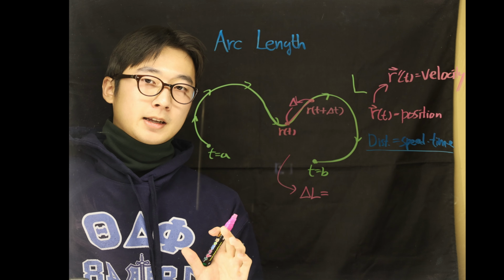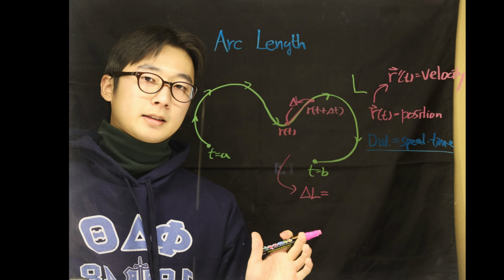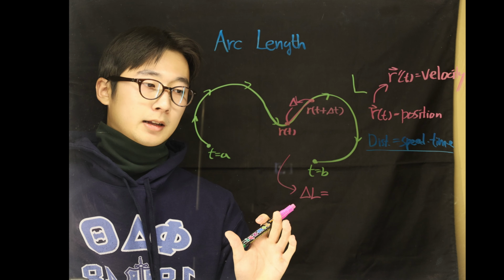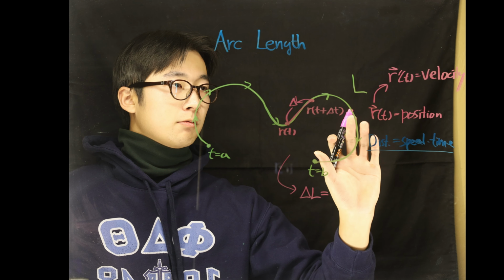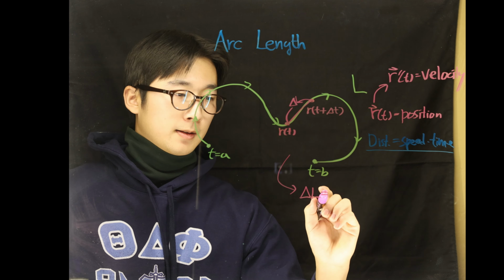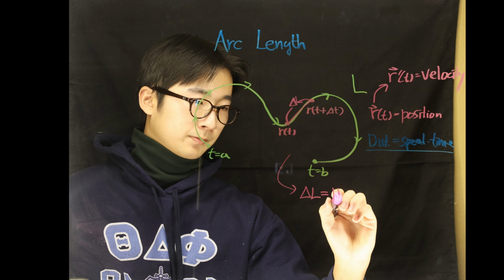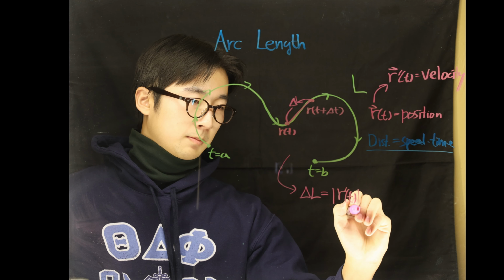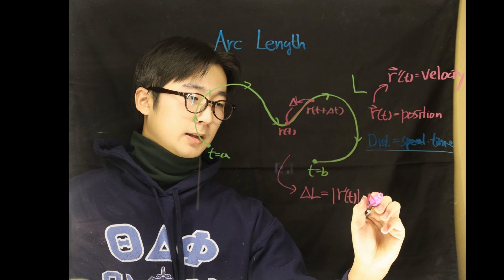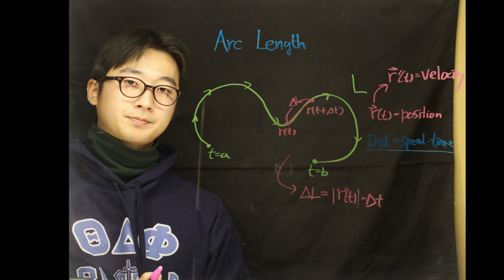All right, we are almost there. Since velocity has 2 things, speed and direction, we are only interested in the speed. So we need to find the magnitude of the velocity vector. So we are going to use the magnitude of the velocity vector times delta t.